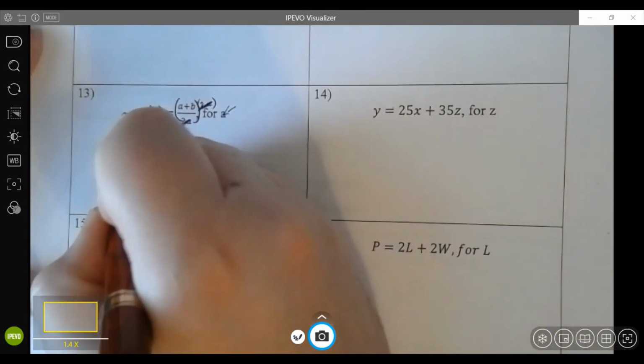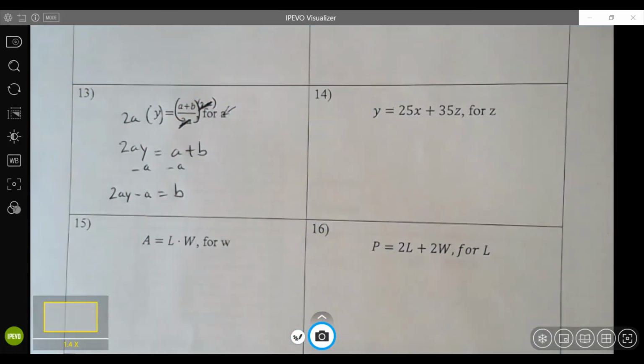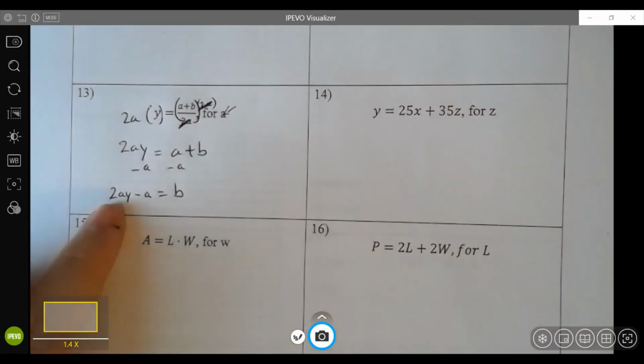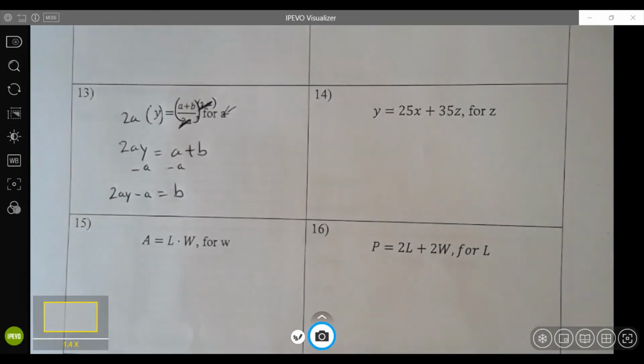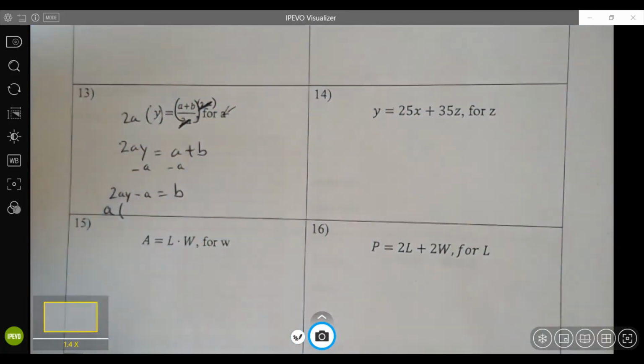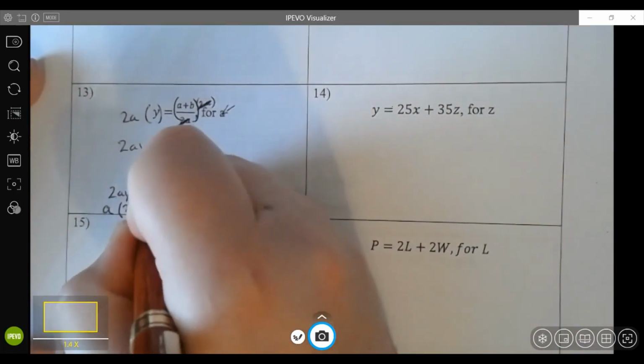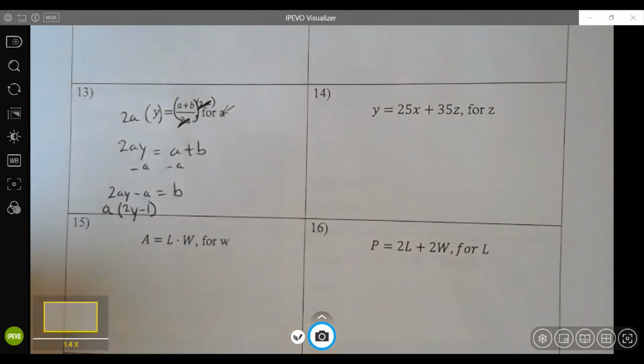This is 2ay minus a equals b. And then notice I have 2ay and I have an a. Those are a common factor. So we're going to factor out the a. This gets the a. So instead of having two a's, now I only have one a. So what's left when I divide everything through by a is 2y minus 1, and that equals b.